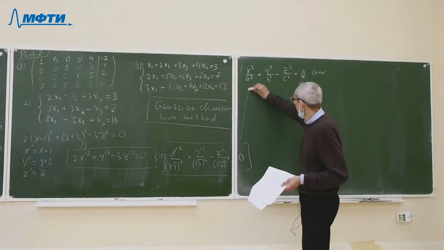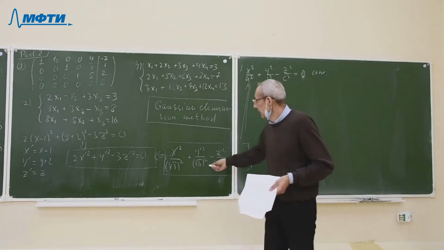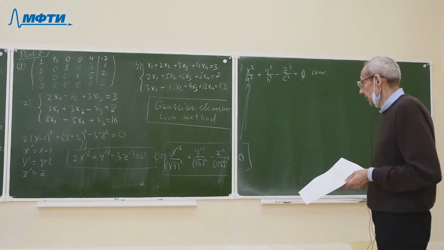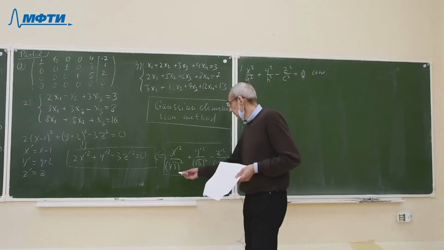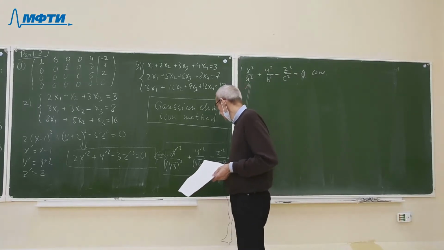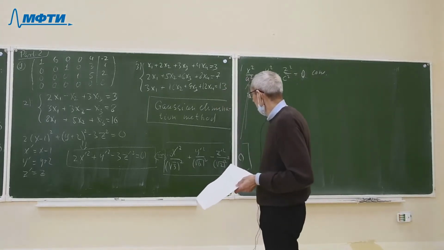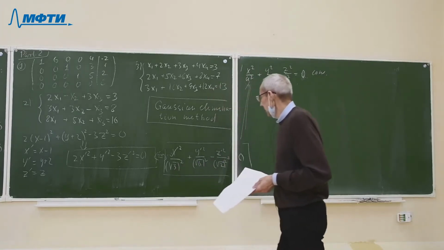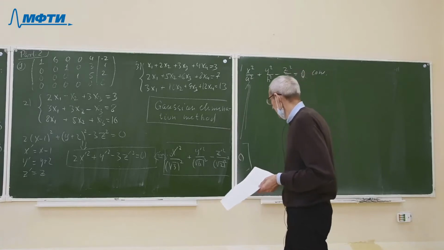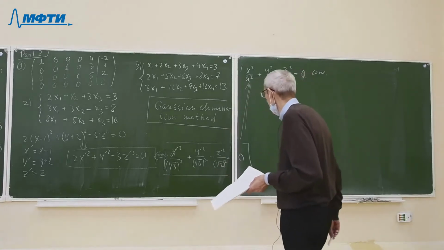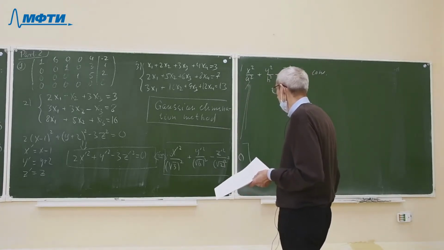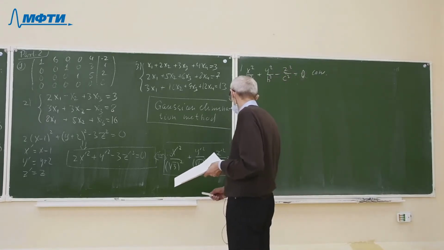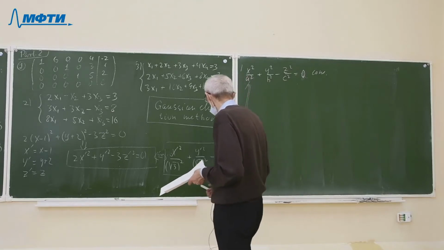It is easy to see that this equation is exactly the equation of the cone, and the sizes of the basic parallelepiped are equal to root 3, root 6, root 2.